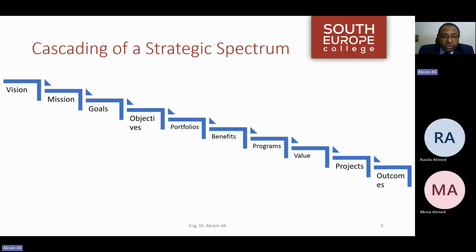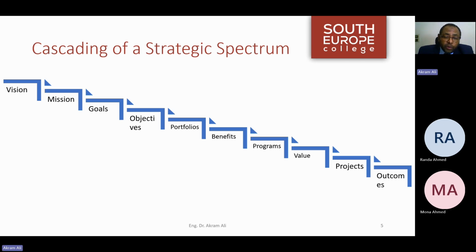So the initial strategic initiative ends with identification of objectives and KPIs. However, to implement the strategy, it's a totally different effort from the strategic planning effort.